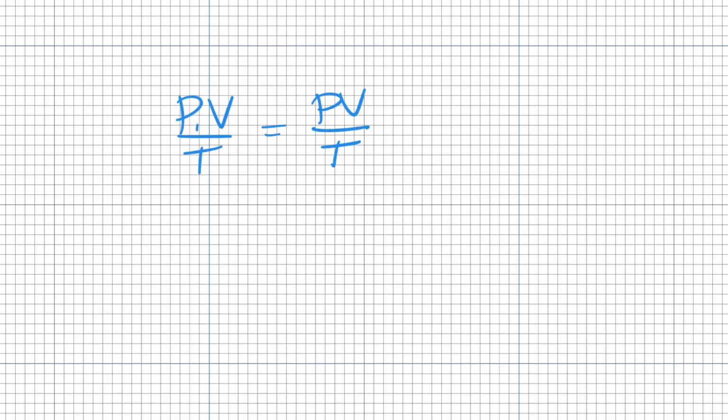When you take chemistry, they do the ideal gas law: pressure times volume over temperature equals pressure times volume over temperature, and we put little 1s and 2s on them. This tells us how things evolve.